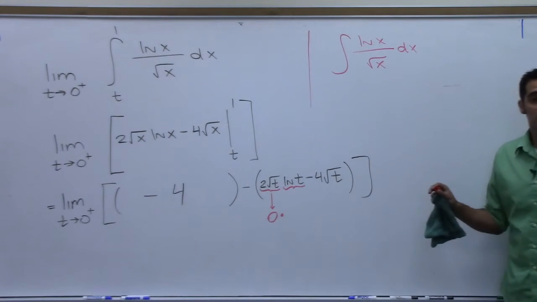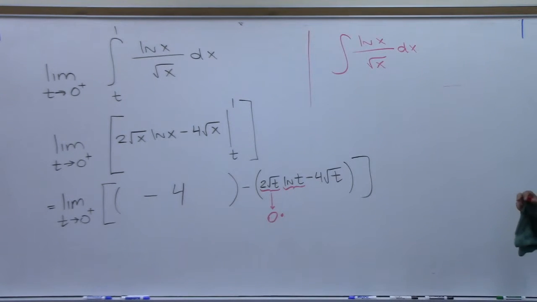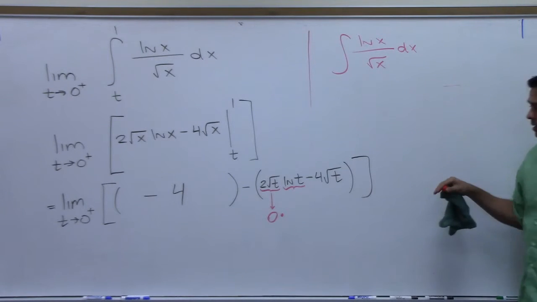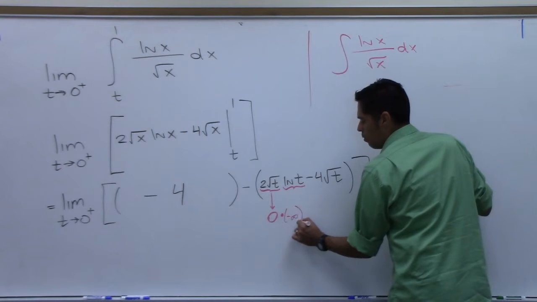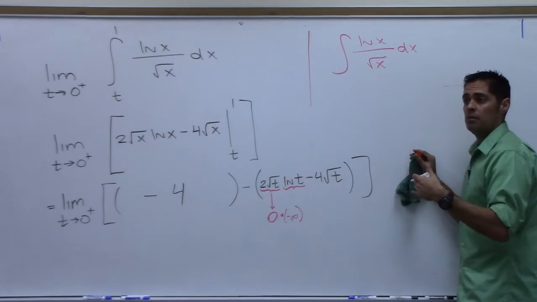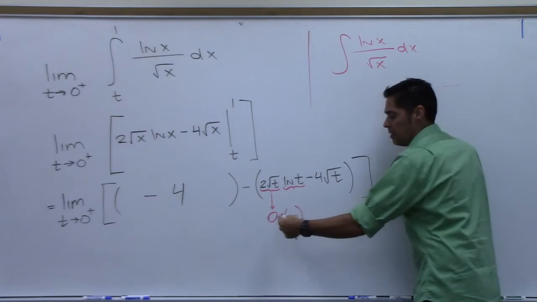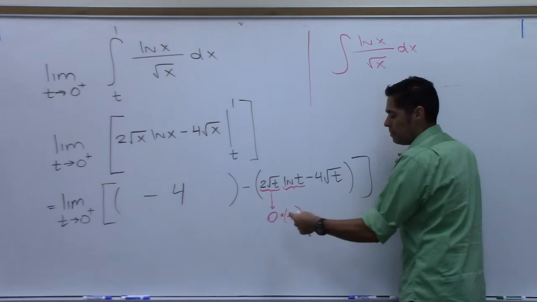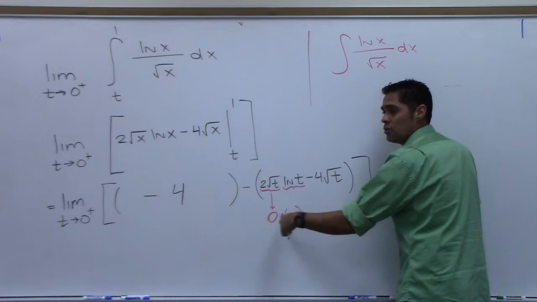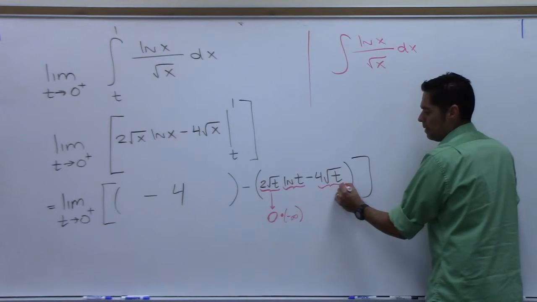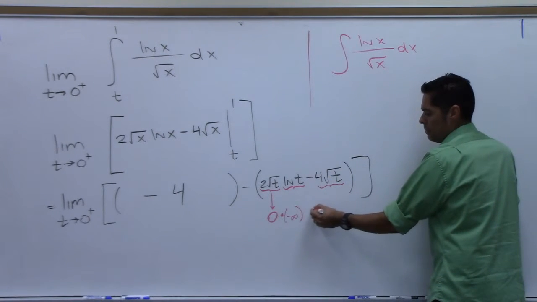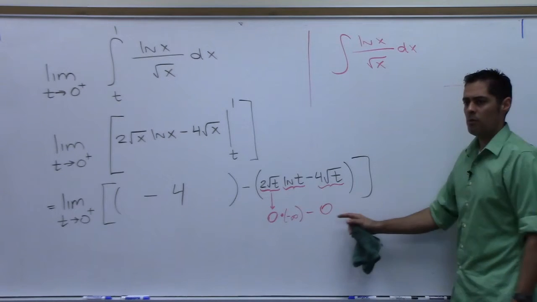As we approach 0 from the right-hand side, natural log of t goes to negative infinity. We do not say divergence here because we have something very small times something very big and negative. This is an indeterminate form. We've talked about this already. Over here, it's just minus 0, which doesn't cause a problem.